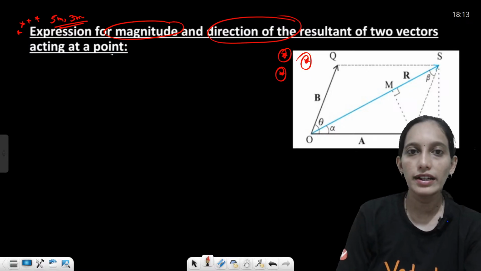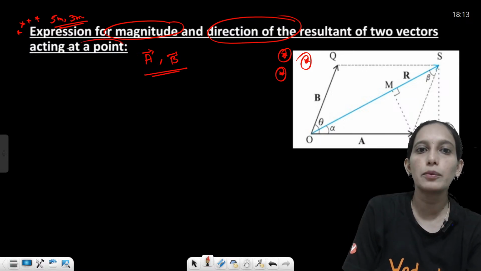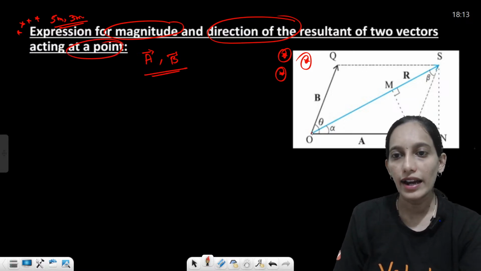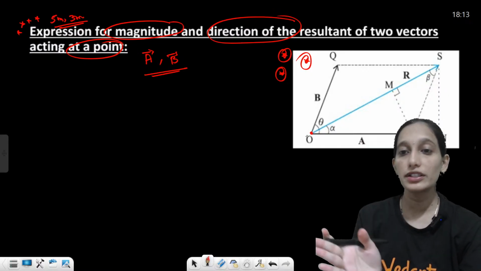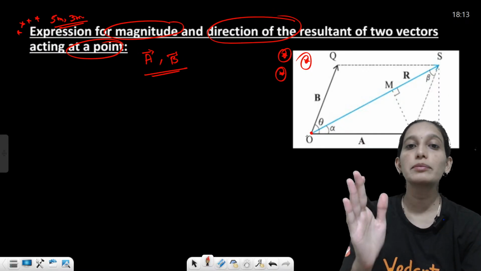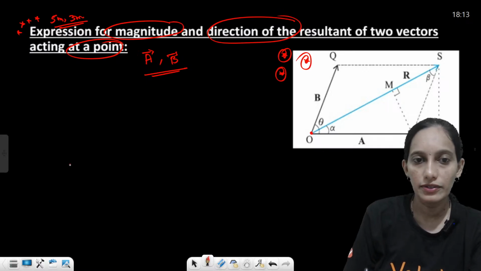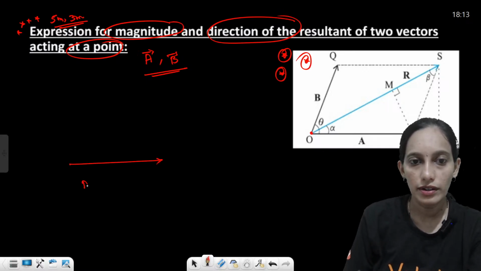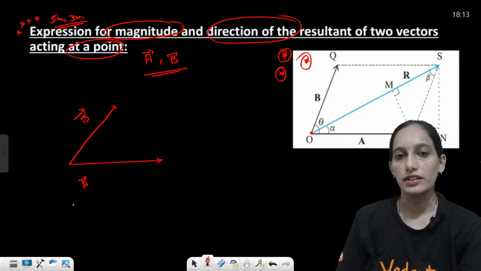Okay, so let us say we have two vectors A and B, and it is given that they are acting at a point, the same point. So they have a common intersection point, and that tells me that I should use the parallelogram law of vector addition, which becomes easier for us. So we have A vector here and B vector here.